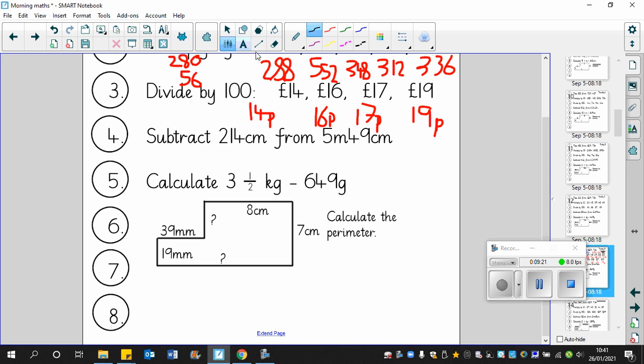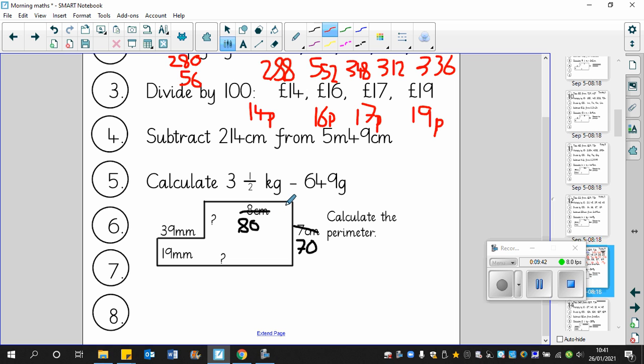Okay, so we've got millimeters and centimeters, so once again we're going to have to convert. So let's make this 80 millimeters and cross out that, and this is now 70 millimeters.